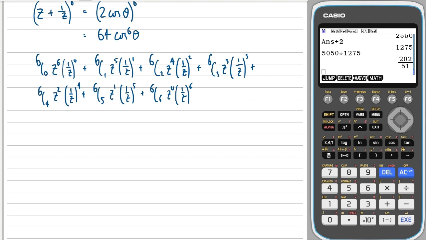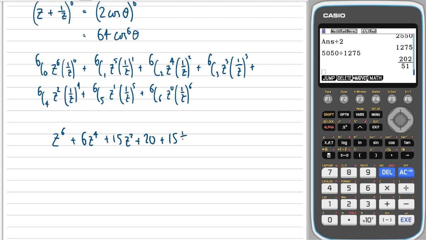So 6c0 is just 1, so that's just going to give us z to the 6, and then we're going to have 6, and then these z's are going to make 6 z to the 4, and then we're going to get 15, and that will be z to the 2, and then plus 20, and the z's will completely cancel there, and then next we'll get another 15, and we're going to get z times 1 over z squared, and then here we're going to get 6, and that's going to be 1 over z to the 4, and then finally we're just going to get plus 1 over z to the 6.